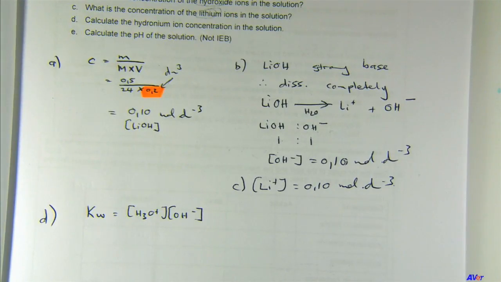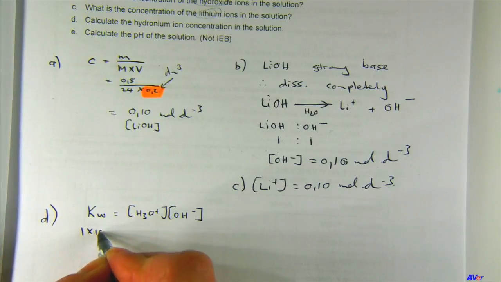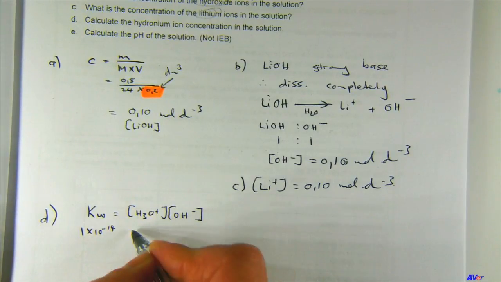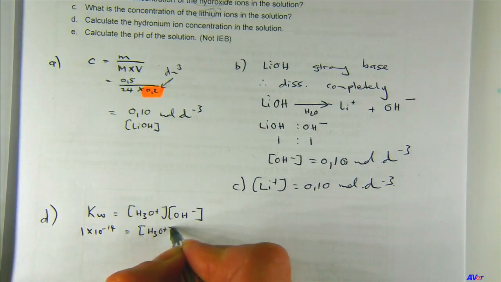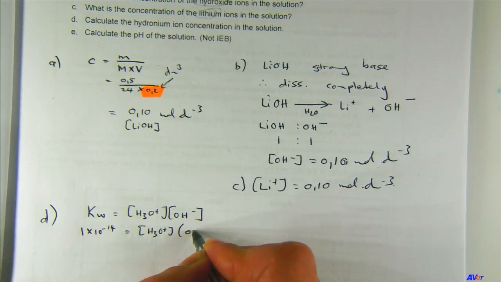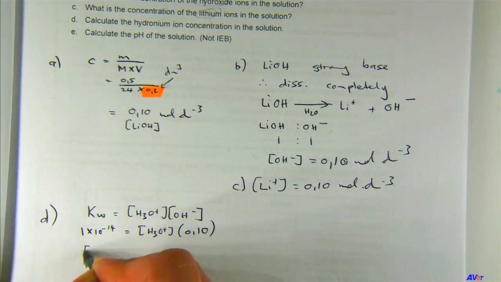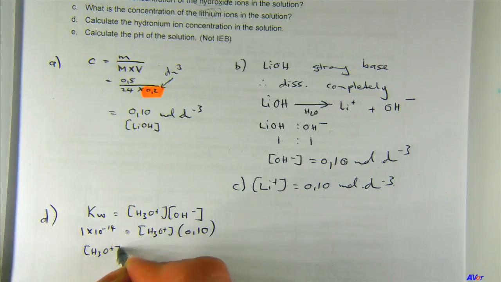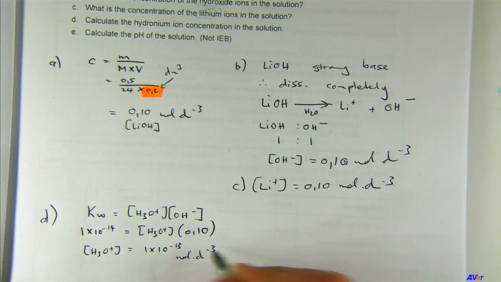But if they don't tell you, just assume that you're working at 25 degrees Celsius, so that you can use Kw is 1 times 10 to the minus 14. And I'm looking for H3O+, and the OH minus I already have, 0.10. And then you get your H3O+ concentration as 1 times 10 to the minus 13 moles per cubic decimeter.